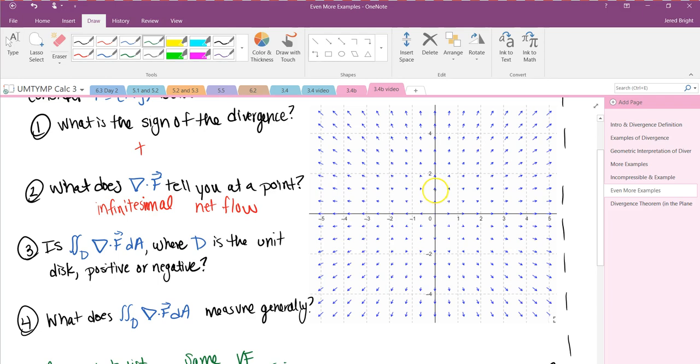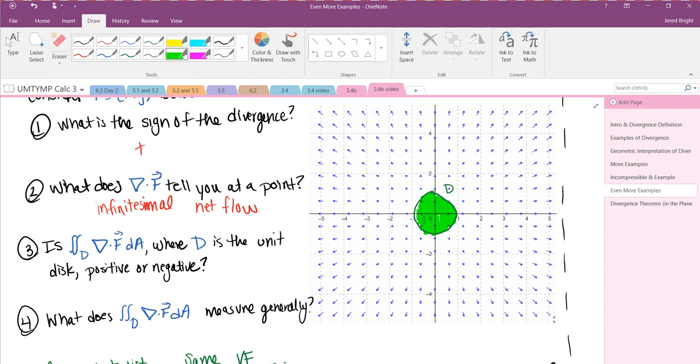And so let's see, we have something like this. Okay, so this is our unit disk D, and we can think of it as shaded in if we want. So there's our unit disk D, and I'm curious, what's the double integral of the divergence?